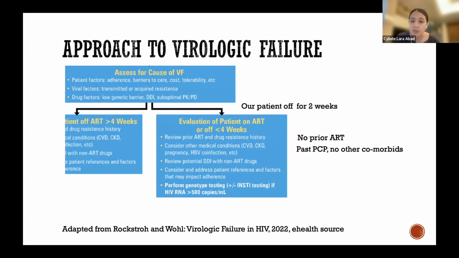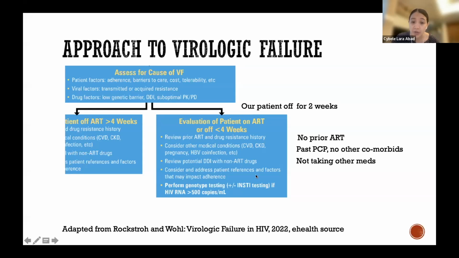No, he has no other comorbidities. He did have a past episode of pneumocystis pneumonia, but he's no longer on medications for that. Does he have potential drug-drug interactions with non-ARV drugs? No, he's not taking other meds. Actually, this is his only chronic comorbid condition, his HIV.